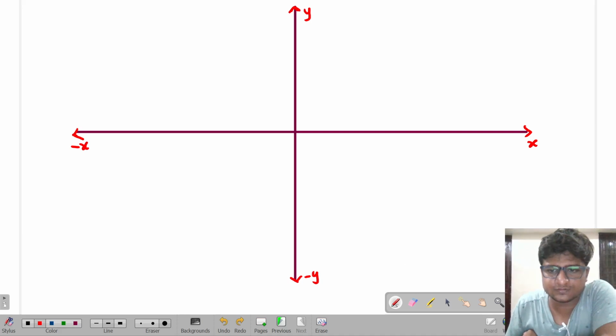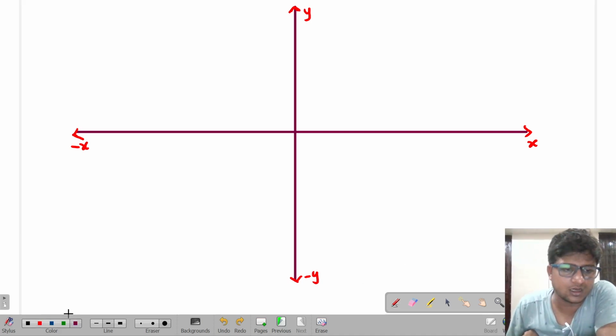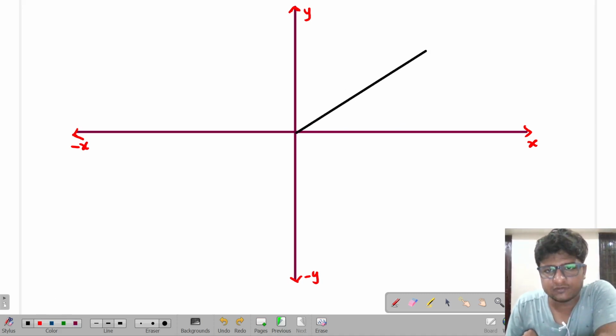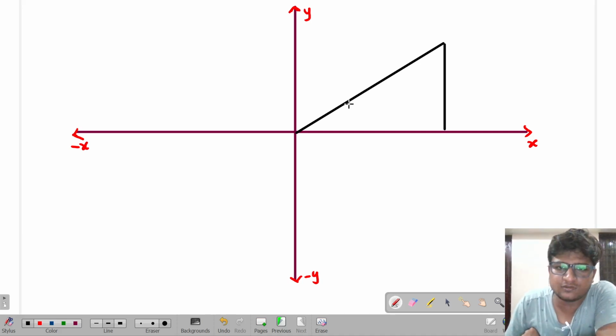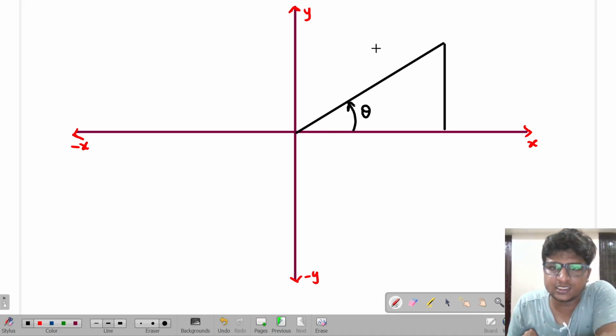Can you see this? Now look over here. Let's suppose I draw a right angle triangle over here, and this is the angle theta. Here sine theta, cos theta, everything can be defined in an easy way.